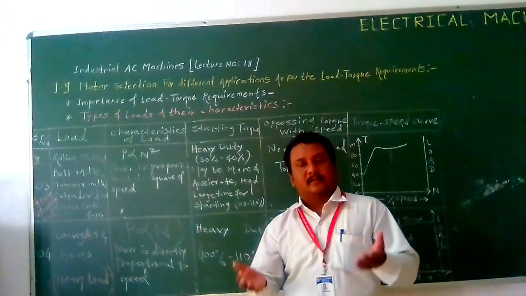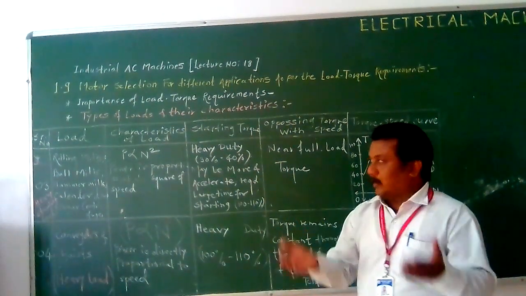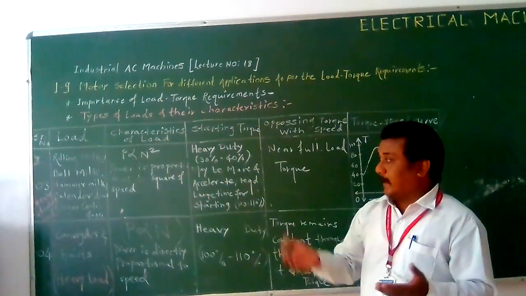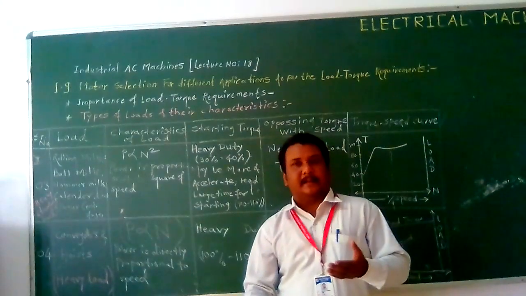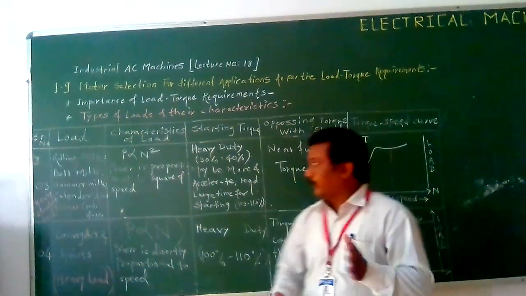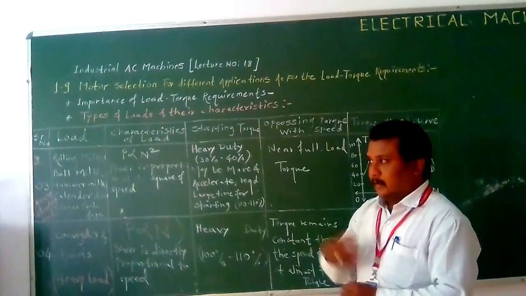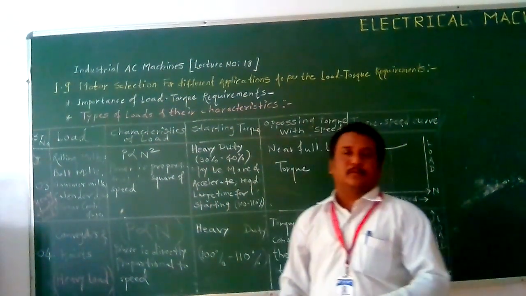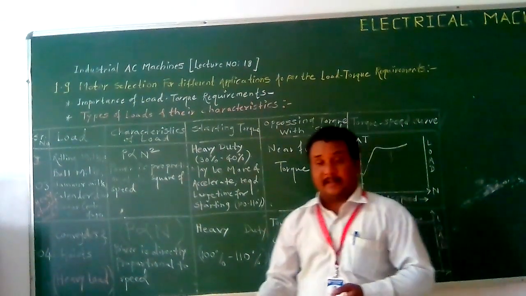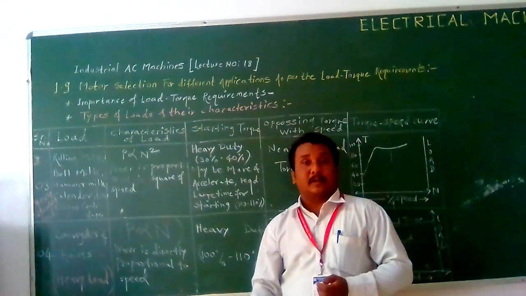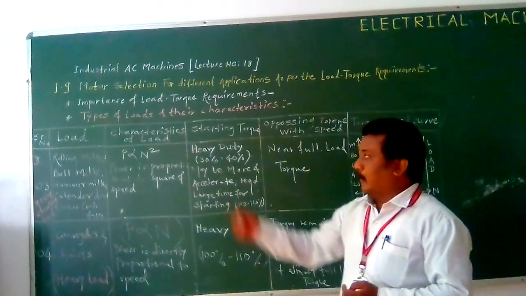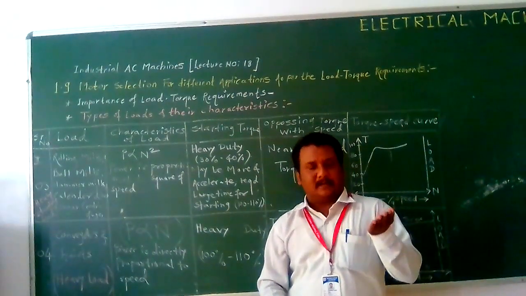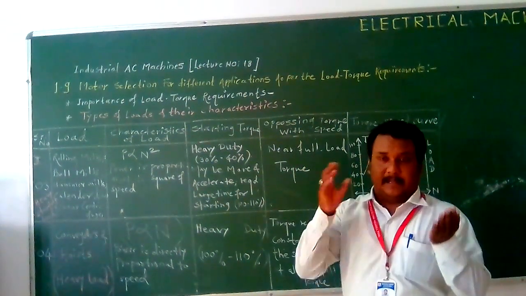These are the heavy duty startings, means starting is heavy. In the characteristics of this load, power is almost directly proportional to speed square. Means in these applications, power is proportional to the square of the speed; power increases in one part, then in two parts speed also increases.